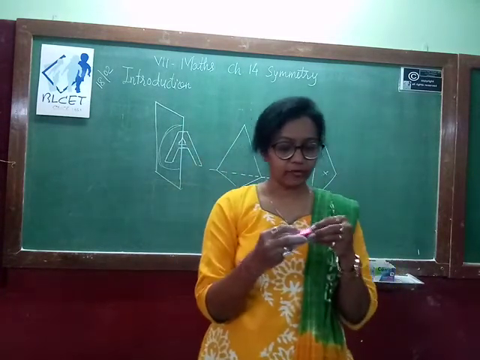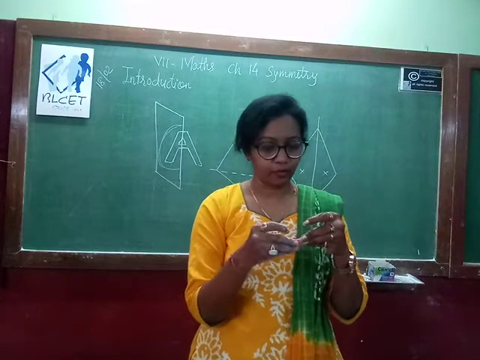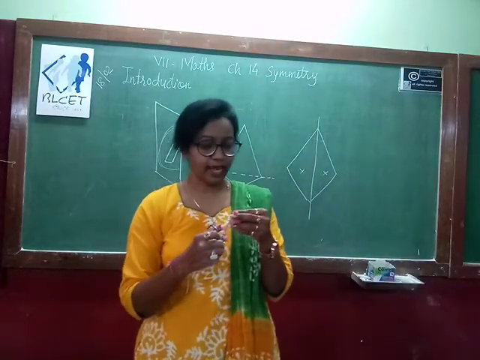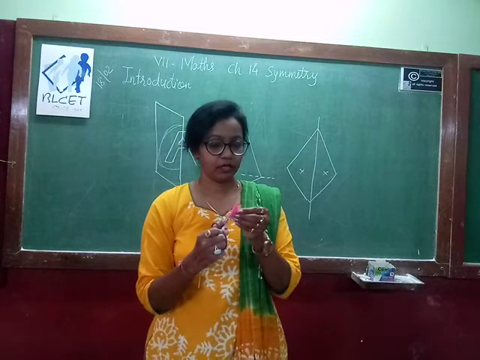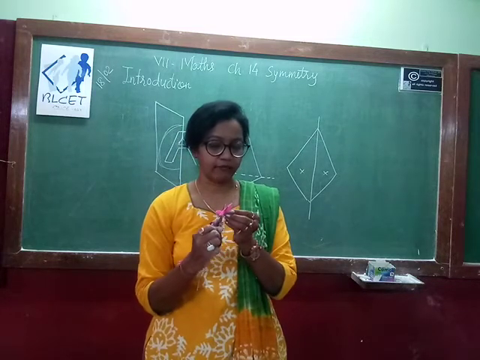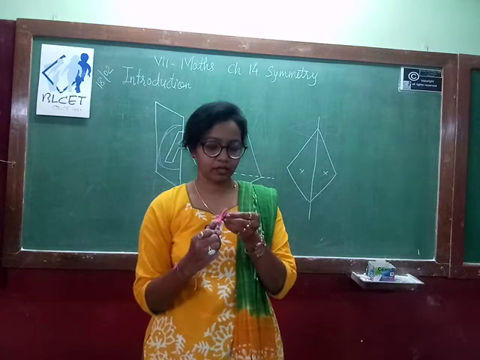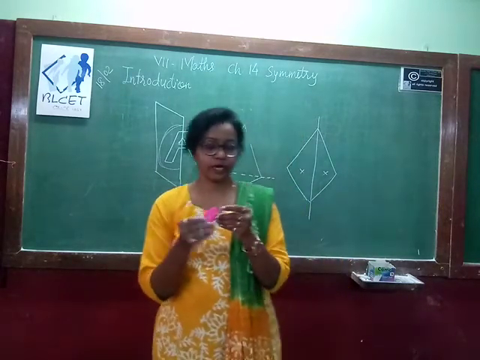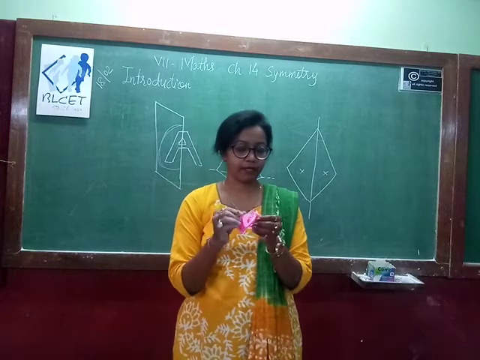In lower standards we made such patterns, that we know. We fold the paper in 4 ways and make a design. Any design you like, you can make. So in all 4 parts you are getting the same pattern. Let's see.